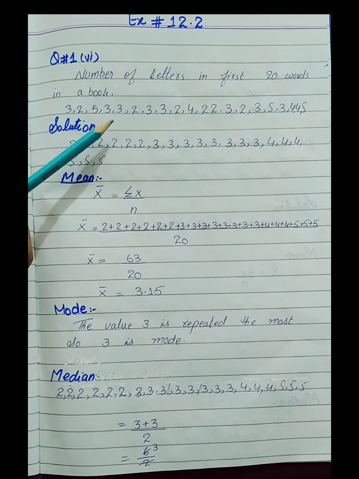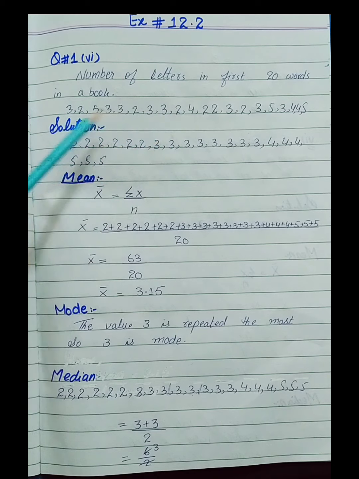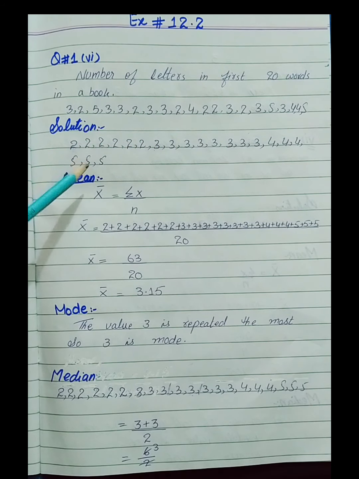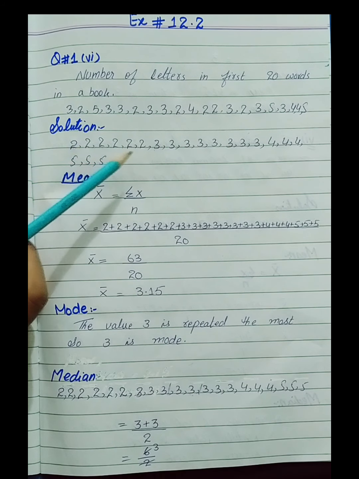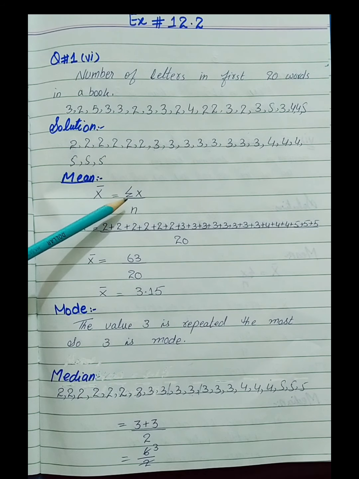Grouped data is the data when we have classes or groups, and ungrouped data is in unarranged form. So this data is in unarranged form and not in groups, so this is ungrouped data. For ungrouped data we find the mean. Firstly we arrange the values in ascending order, then by using the formula we find the mean.